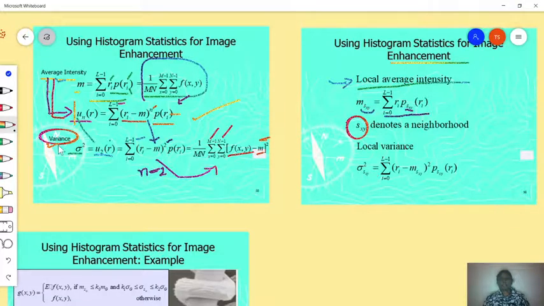And from here we are calculating the local variance, because this is the local histogram processing, sigma square of S of xy.